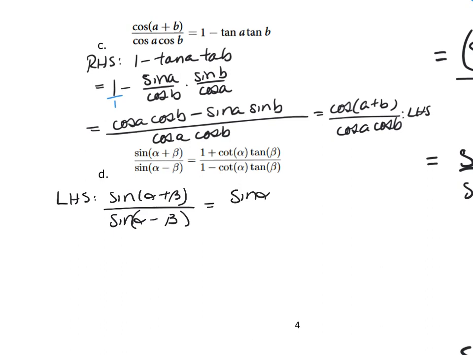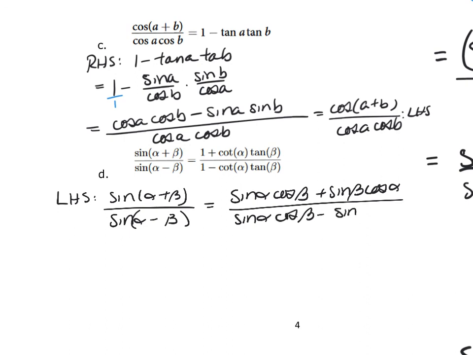So you're going to get the sine alpha cosine beta plus the sine beta cosine alpha. And then you're going to do the sine alpha cosine beta minus the sine beta cosine alpha. If you go this way, totally cool.